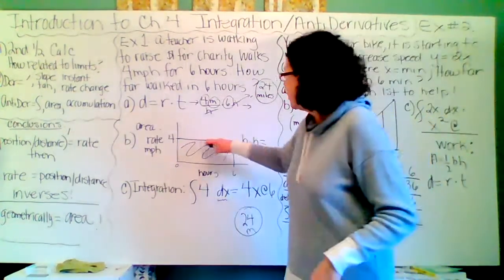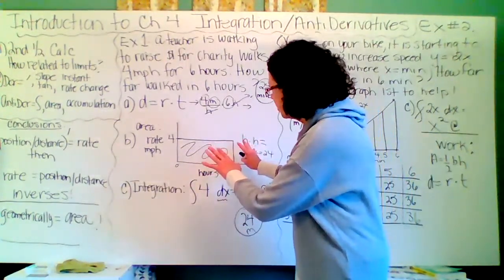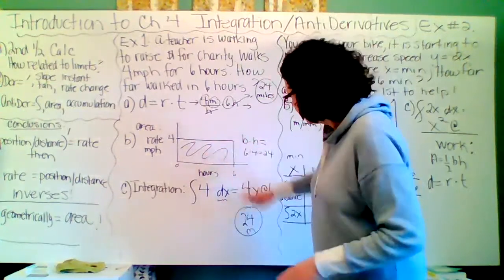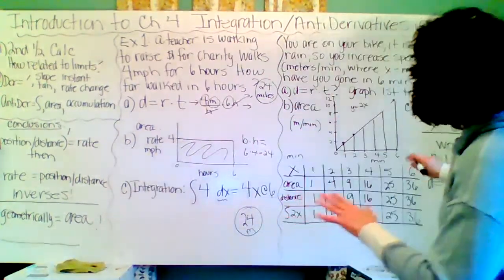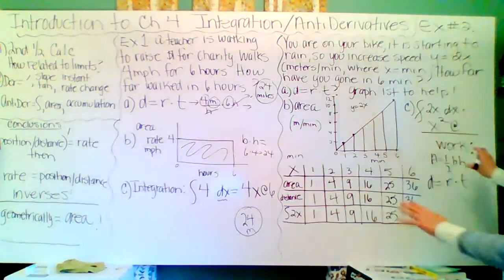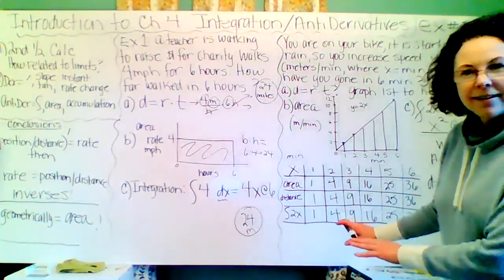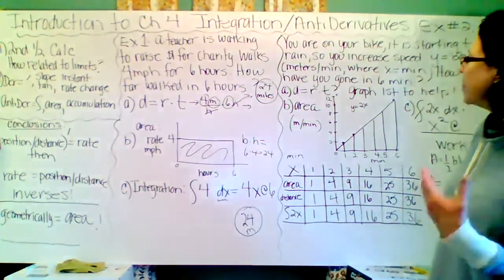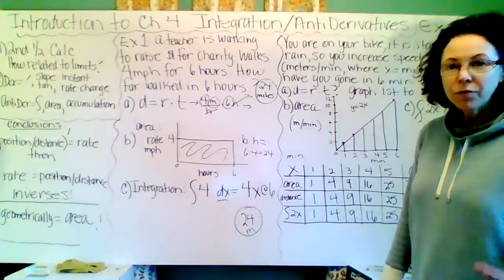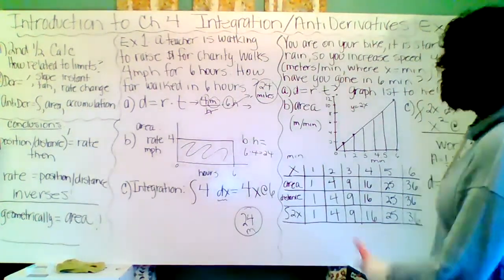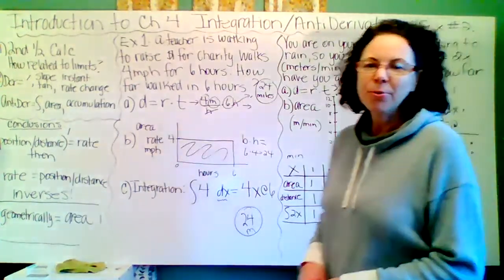When I had a rate and I integrated, and drew its geometric representation, it gave me how much distance I accumulated. And so this is what we are going to be working on in chapter 4. I find it fascinating. I find it useful. And I hope you do too.